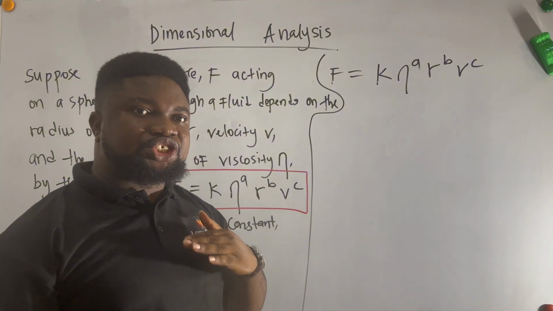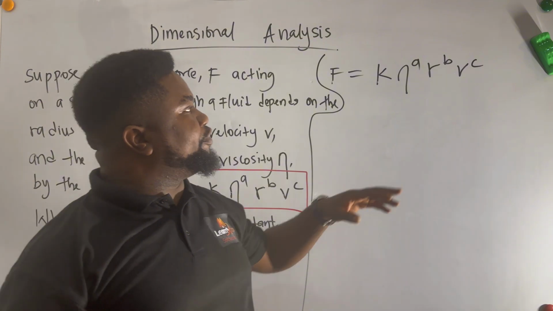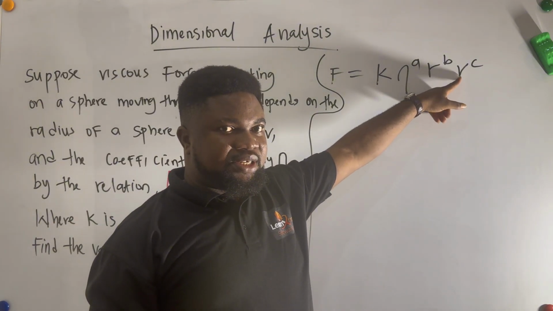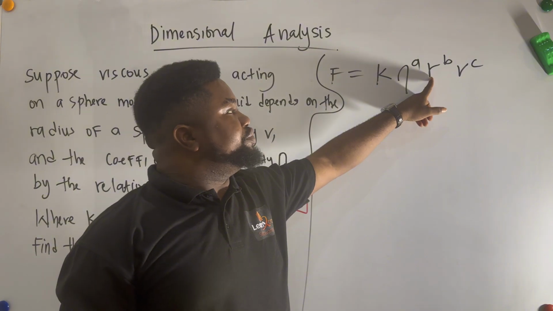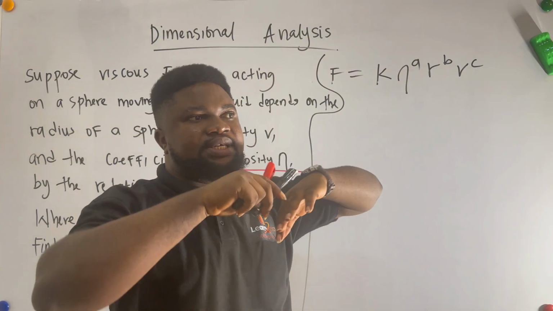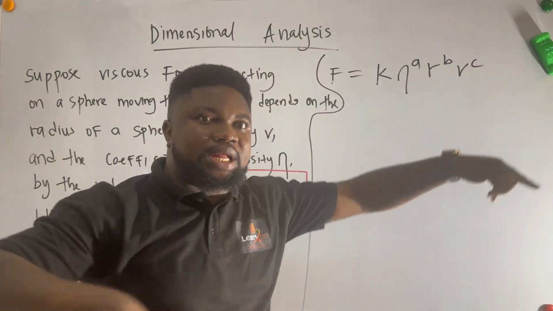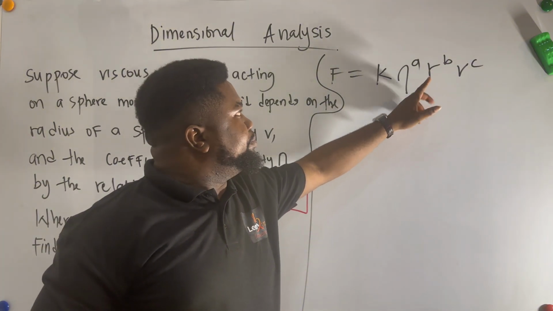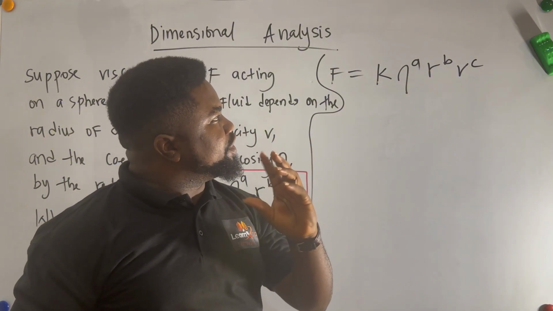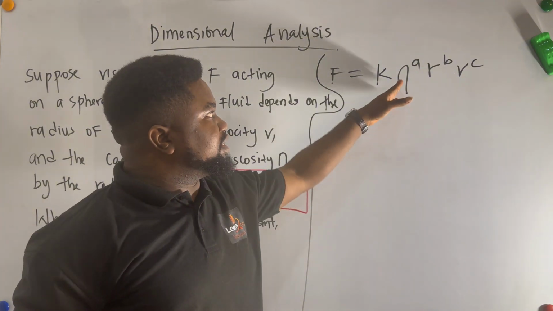In fact, I'm pretty sure you know the dimension for velocity. Yes, it's LT power minus 1. R, radius. Radius means a particular distance, that's length. So here will be L.